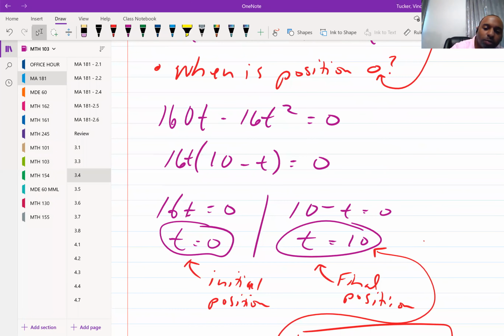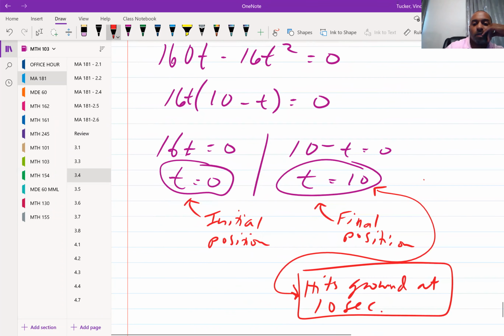Our initial position is when t is equal to 0, but our final position is when t is equal to 10. So it hits the ground at 10 seconds.